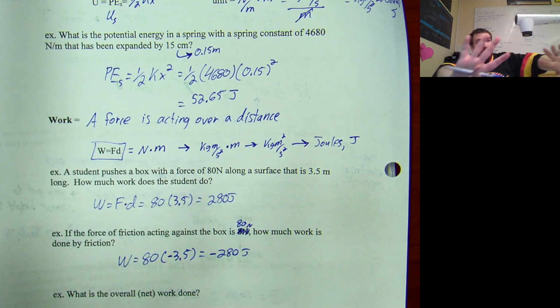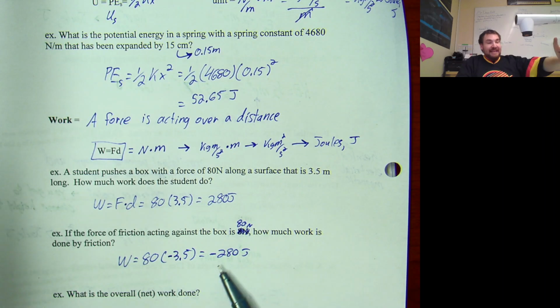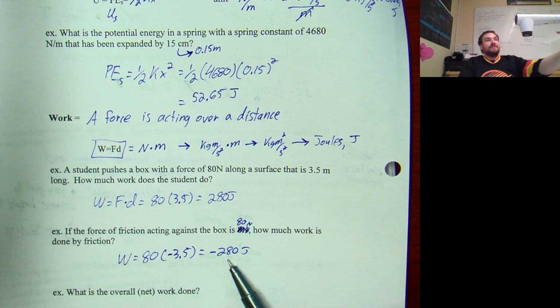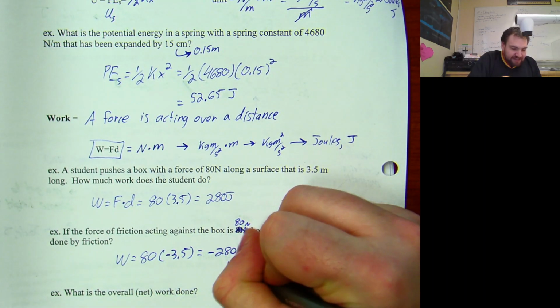So I'm pushing, causing the box to move. If positive energy means it's going into the system, negative energy means it's coming out of the system. How do we know that friction is pulling energy away? What is generated? Heat. Primarily, sound a little bit. Sound is much smaller than the heat that's getting pulled out of here. So this is coming out as heat.